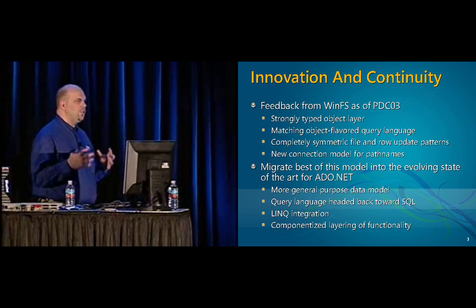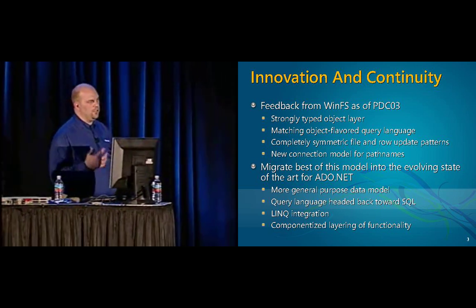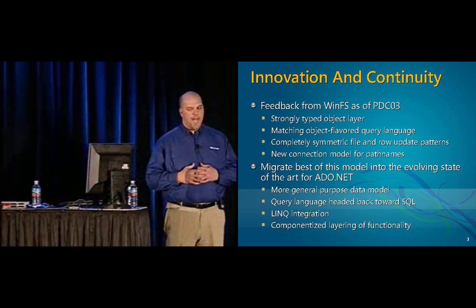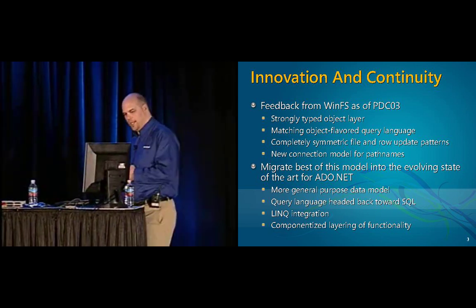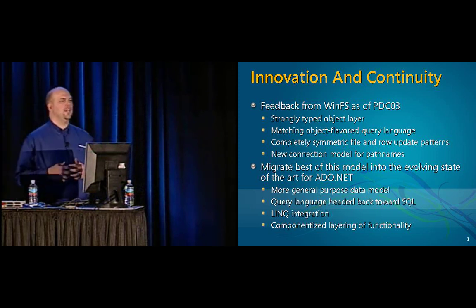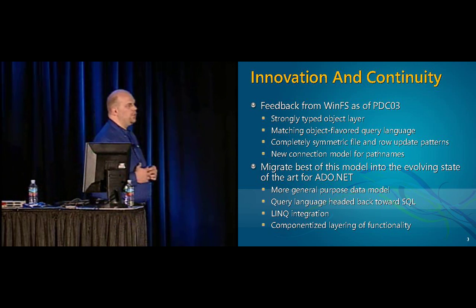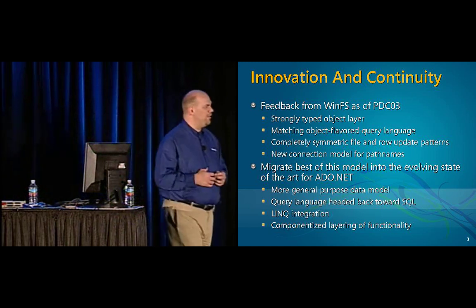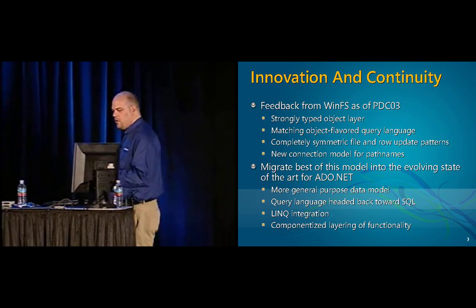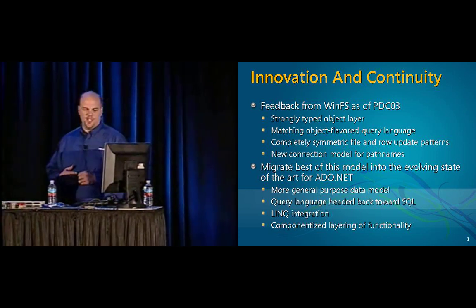And through all of that, we want to be able to introduce these new innovations in a way that preserves the investment that people have in existing ADO.NET applications, and carefully factors these components so that we're not forcing people to choose to use a lot more of these innovations than maybe they need in their particular application at that time. We're really trying to be very general purpose about how this technology layers out.